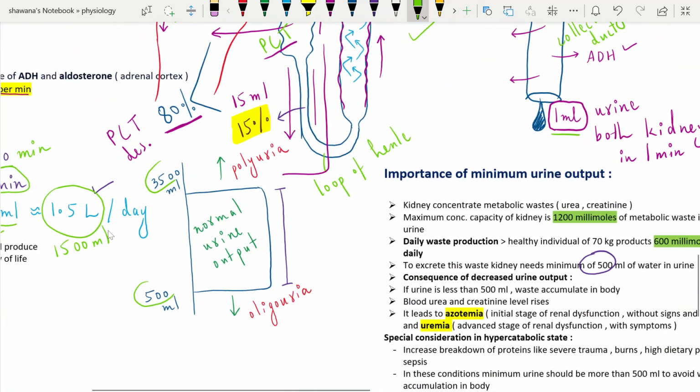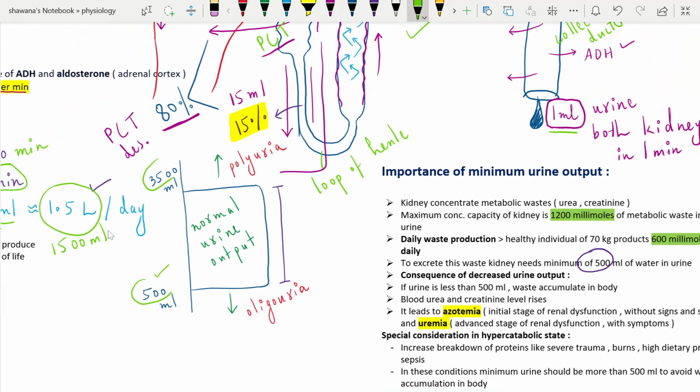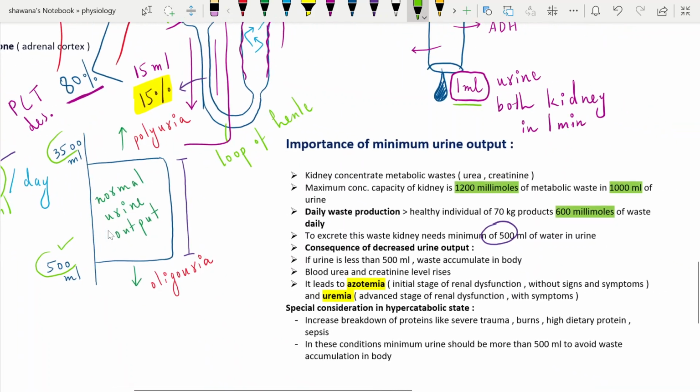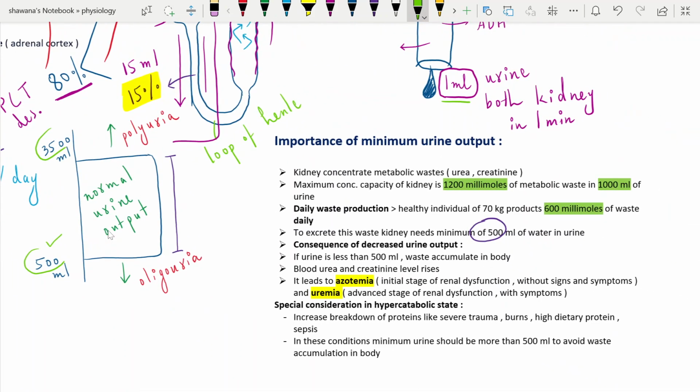And what is the importance of minimum urine output? So let's discuss it. Why 500? Why not 400? Why not 300? Let's discuss. Kidney concentrate the metabolic waste like urea, creatinine, and other salts, bile, etc. This is concentrated by the kidneys.